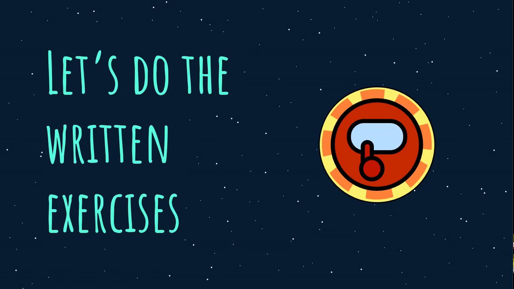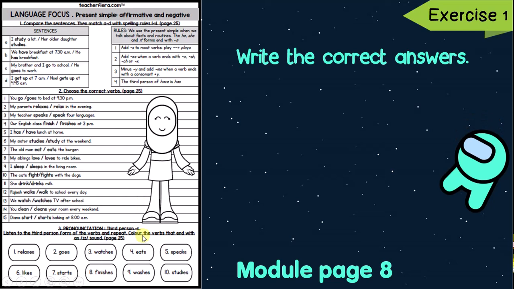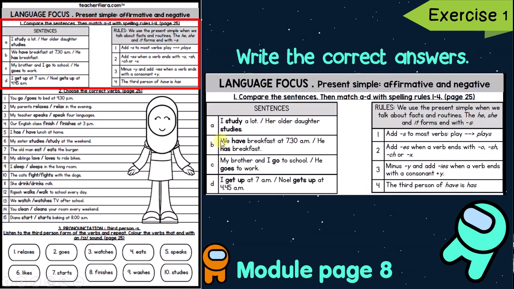Alright, let's do the written exercises. Okay, you open your module, page 8. Kita dah nomborkan modul masa dalam kelas dulu. Okay, we start with exercise 1. Compare the sentences, then match A to D with spelling rules 1 to 4.